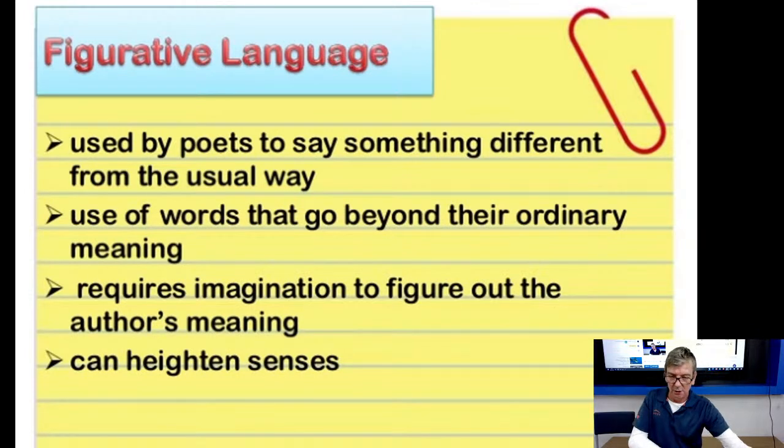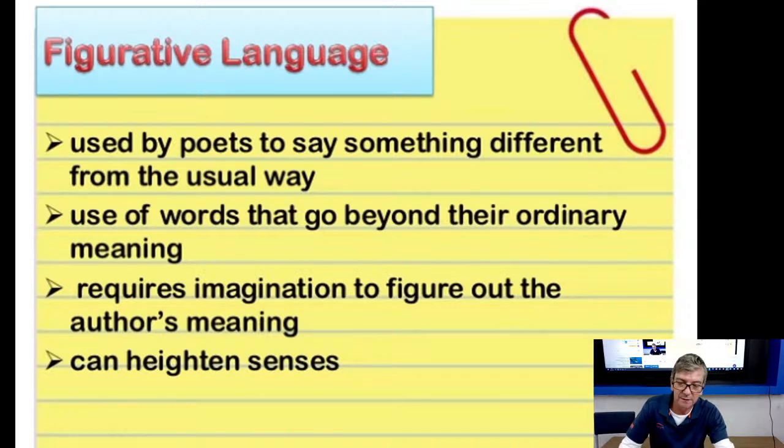Okay, so what's the difference then? We have figurative language and we have literal language. So literal, L-I-T-E-R-A-L, is the language that we're used to when we're dealing with grammar, right? The car is red. This is literal language.